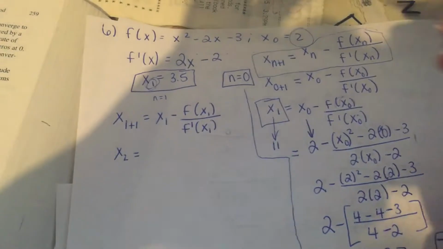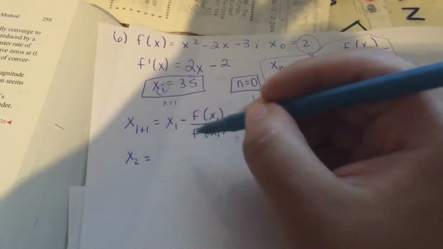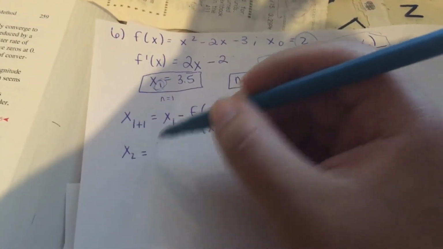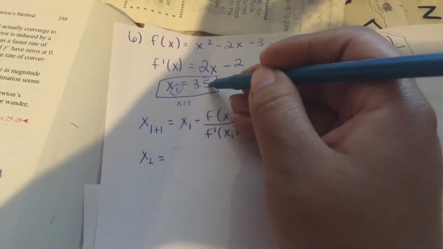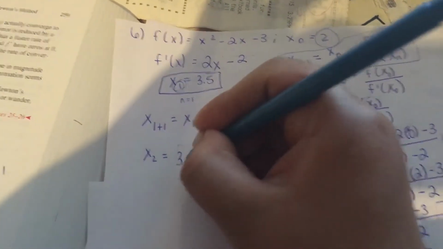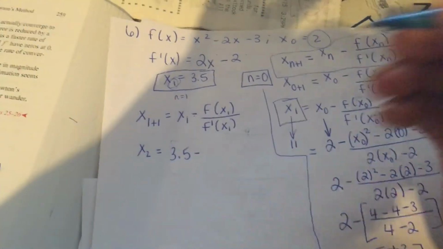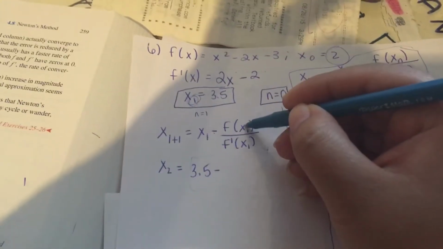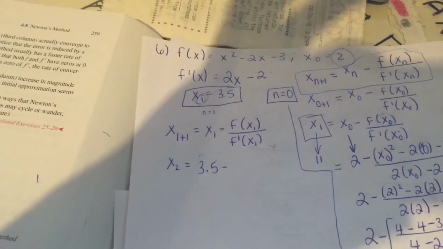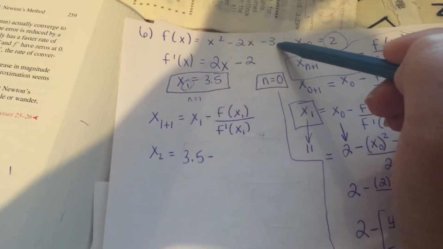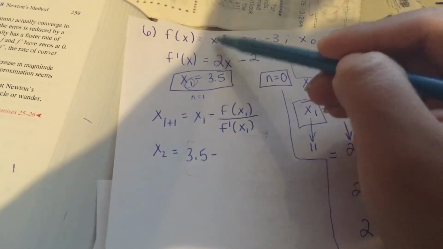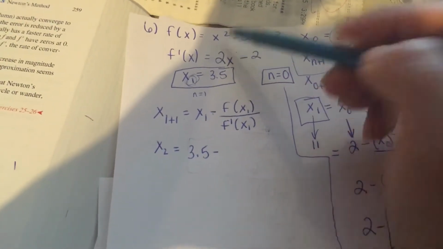So what do you know? After we're done with this, we actually find out what x sub 2 is. x sub 1, it already gave us up here, is equal to 3.5 minus our f of x, which is this whole thing right here. So wherever you see an x, you're just going to put an x sub 1.